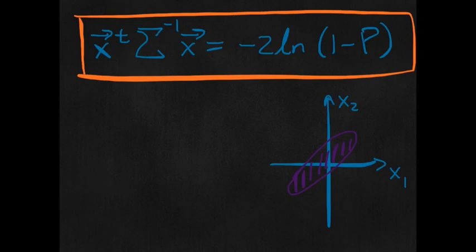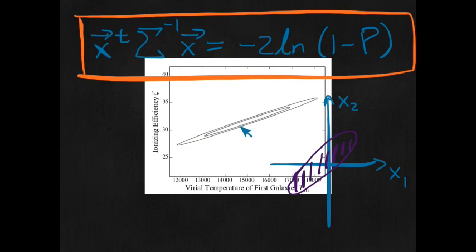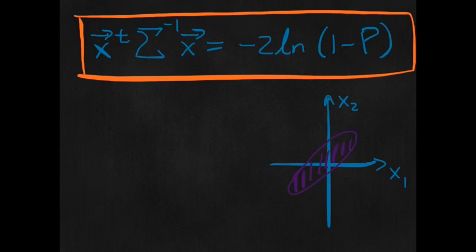That is, for example, how I drew these ellipses right here. This first one was drawn by inserting p equals 0.68, 68% probability, and the second one was drawn for p equals 0.95, 95% probability.